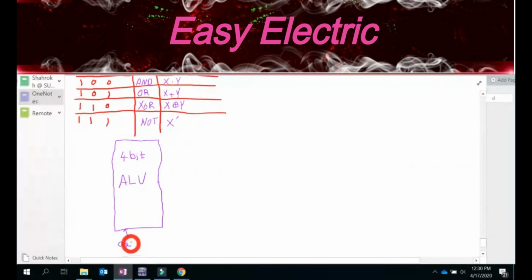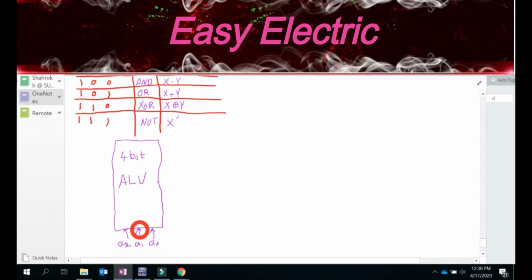This is 3, right? On the table we have A2, A1, A0. Based on these inputs, it tells what the output should be. So it tells me how many inputs we need. If you tell me how many inputs, I know you understand both the AU and LU. The number of inputs that we need for the ALU.